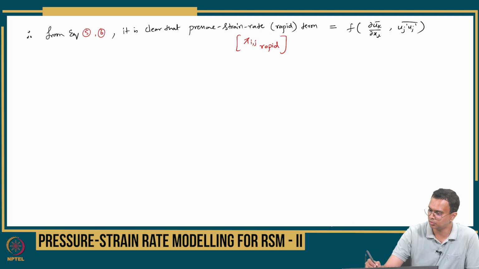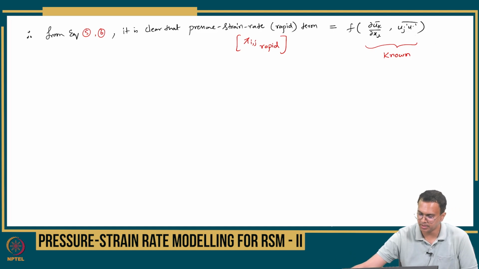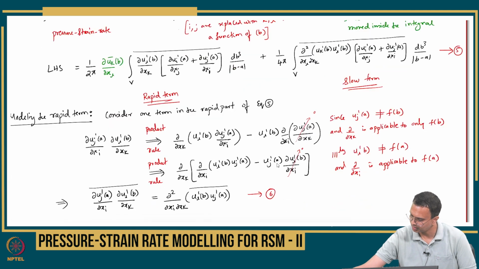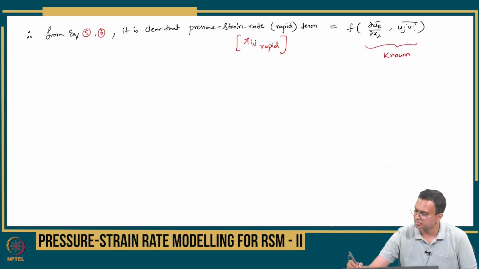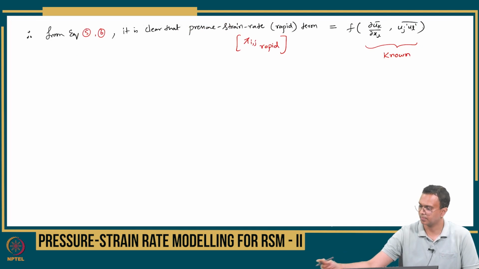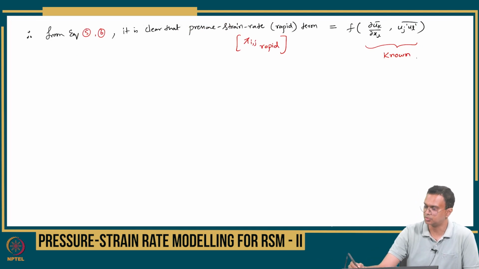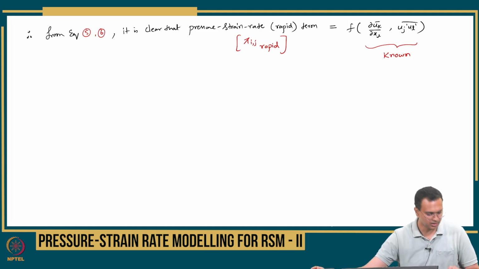So these are known to me: mean strain and Reynolds stresses. These are known terms to me. So I can make a model now.